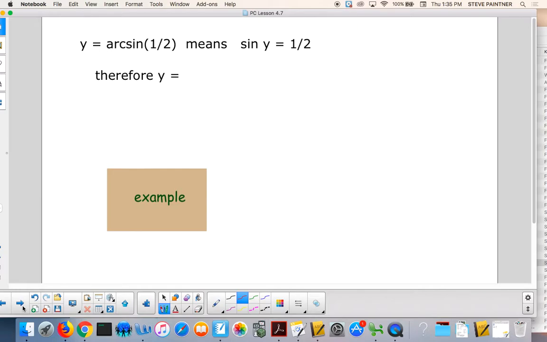Y equals arc sine of 1/2. Wait a minute, don't like this. What can you do in your book today? Sine negative 1. So you could just do this, couldn't you? Okay. If you want to, you can. Y equals inverse sine of positive 1/2 means, what does it mean to you?